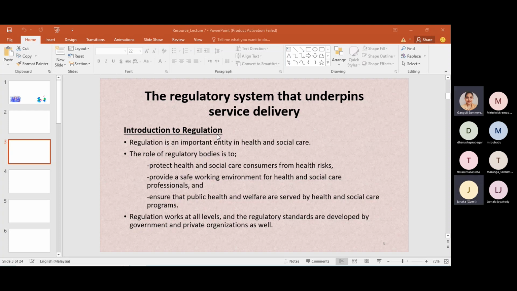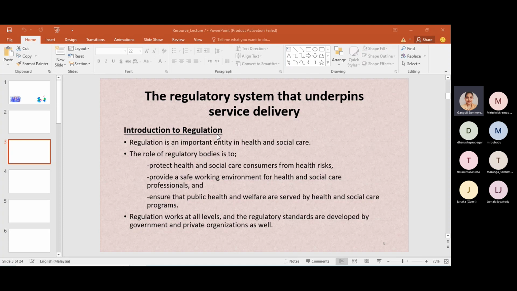Okay, so regulations do not happen daily, because regulation is kind of the regulatory process, or the inspection process, that you will learn about today. It is a lengthy process.